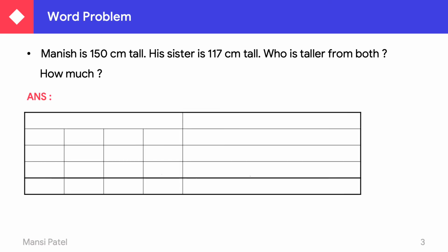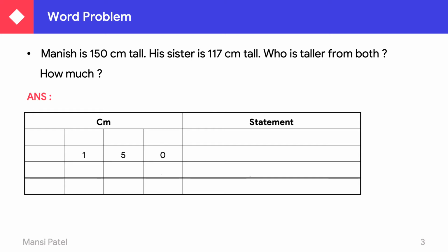First, you have to draw one table. Write down centimeter on one side, and this is the word problem, that's why you have to write down the statement also. The height of Manish is bigger. That's why we have to write down first of all 150 centimeter.